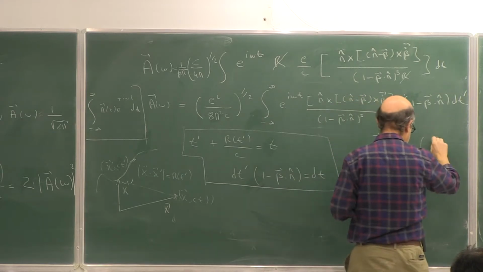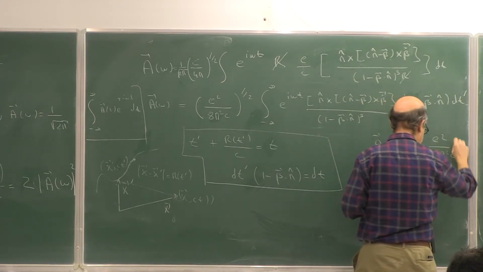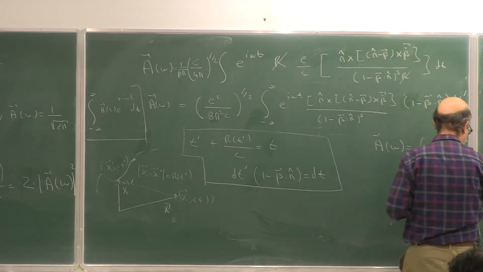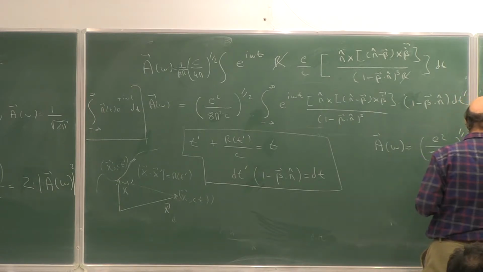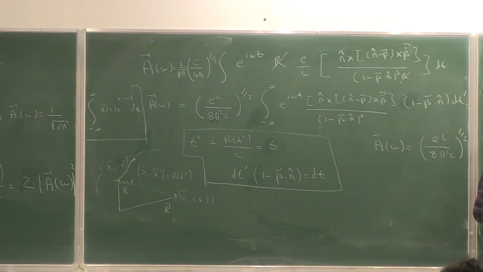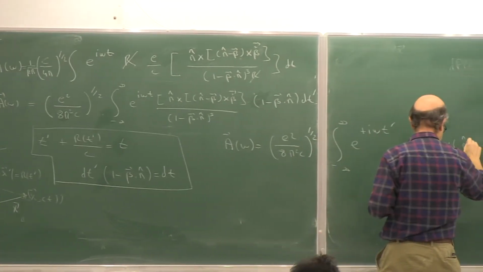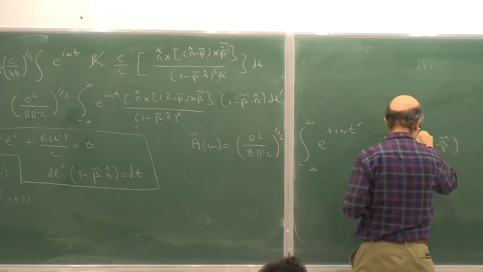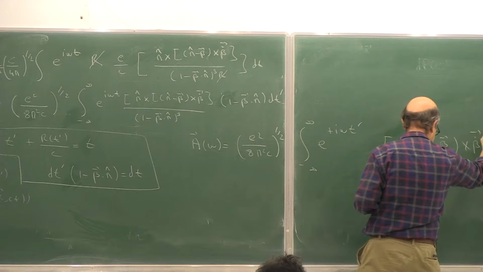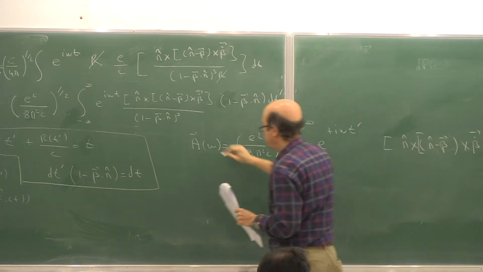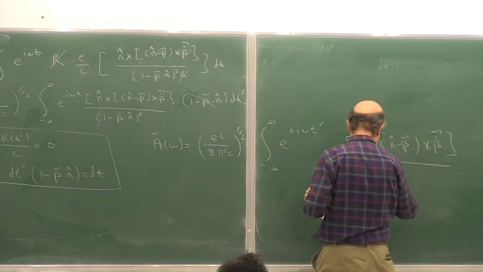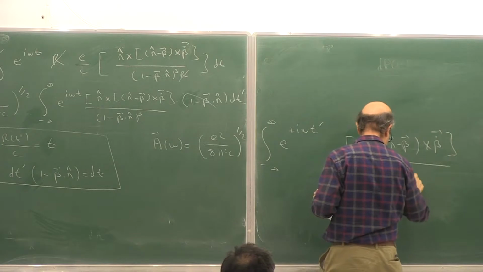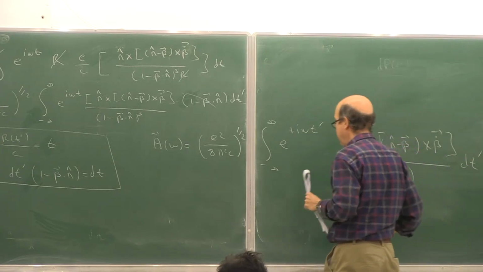So we have e square over 8 pi square c, 1/2, integral from minus infinity to plus infinity of e to the plus I omega t prime, n cross n minus beta cross beta dot. One of the terms will be cancelled, this one, and divided by 1 minus beta dot n, integrated dt prime.